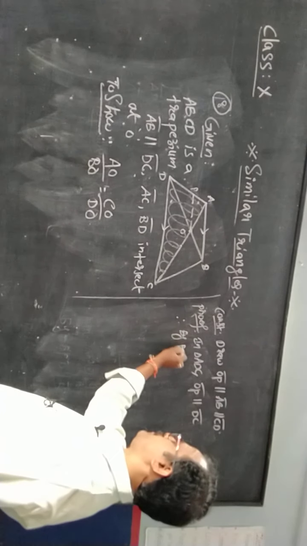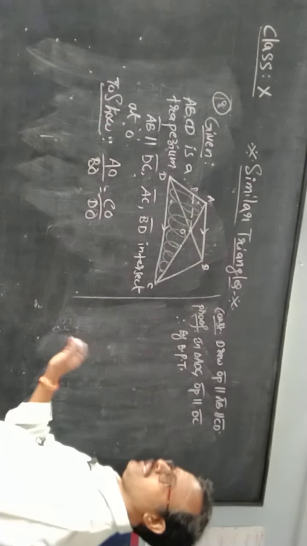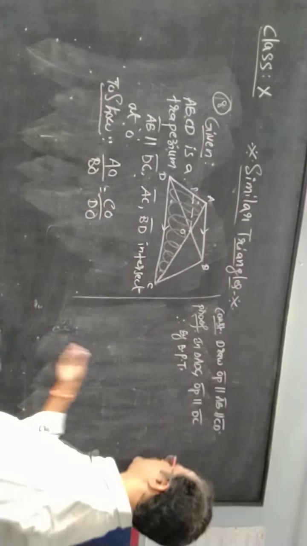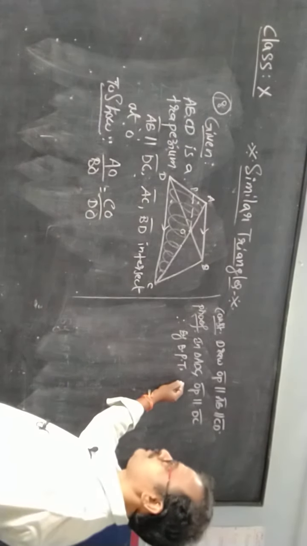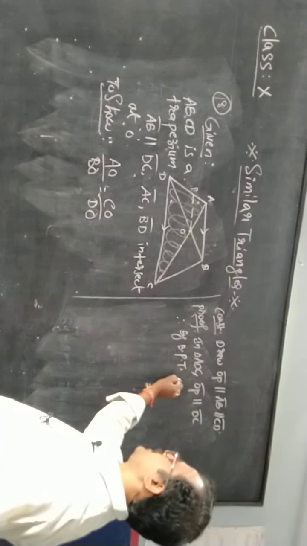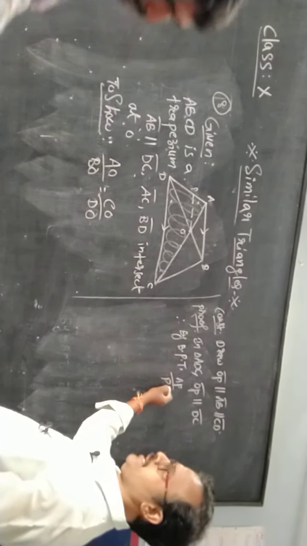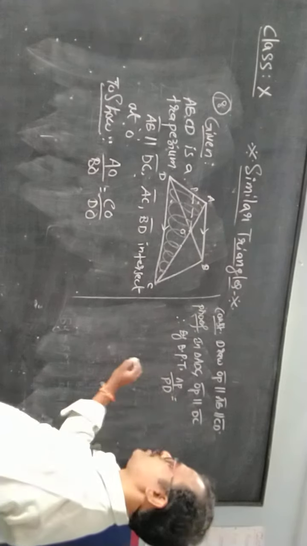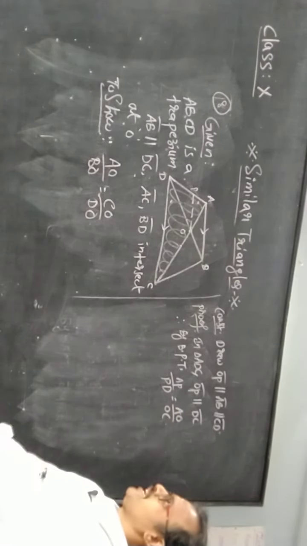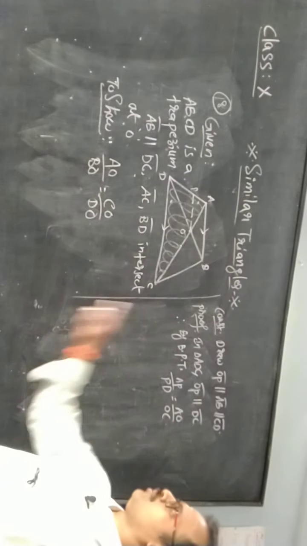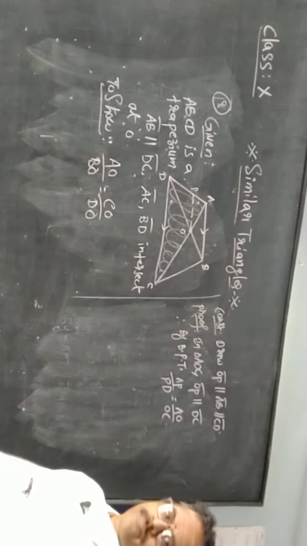Therefore, by basic proportionality theorem, you can say that AP by PD is equal to AO by OC.